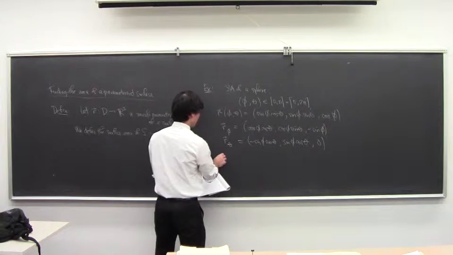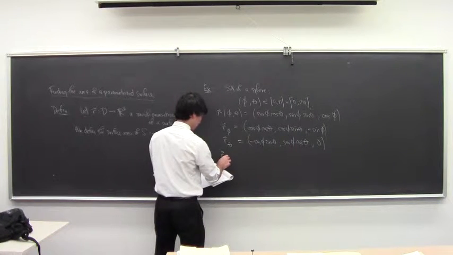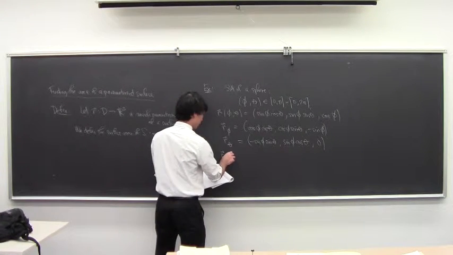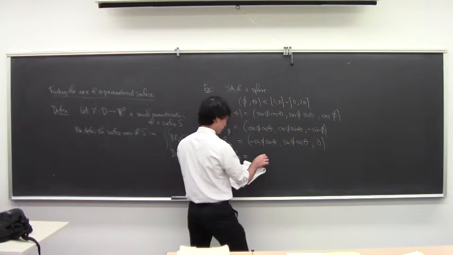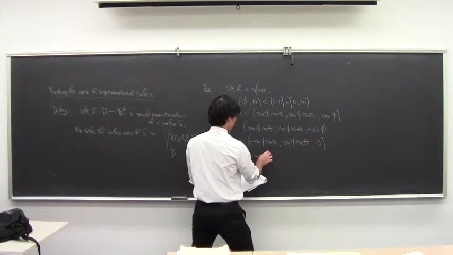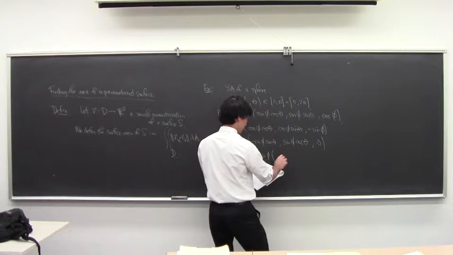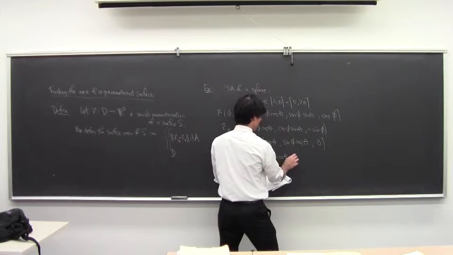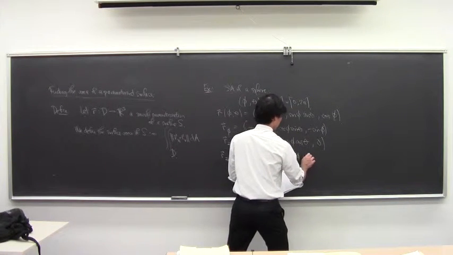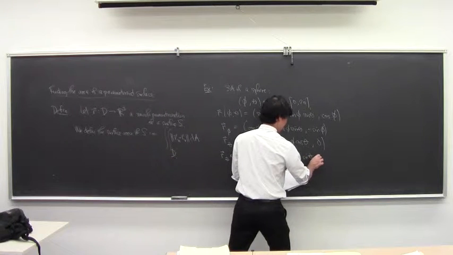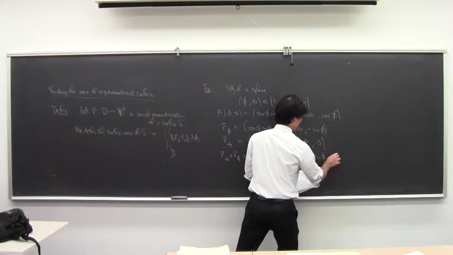And then when you cross them, r theta cross r phi, you end up with negative sine phi times cosine theta sine phi, sine theta sine phi, cosine phi.